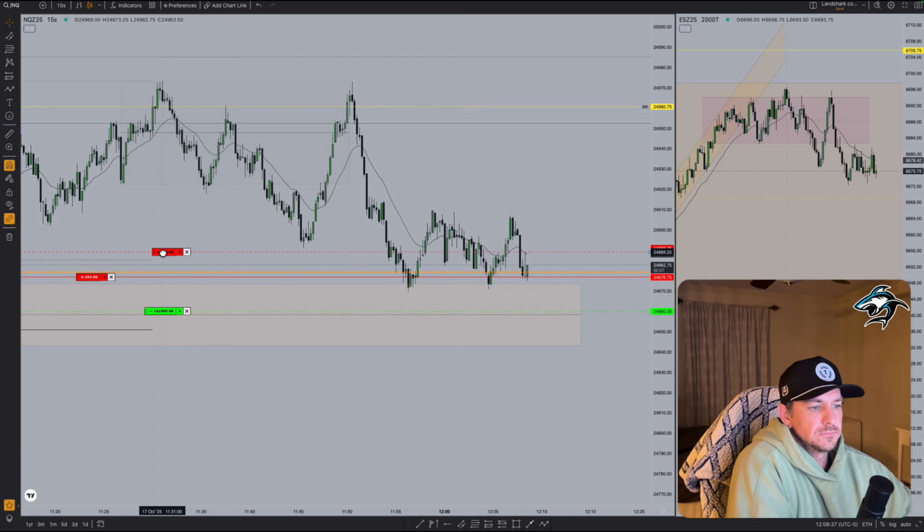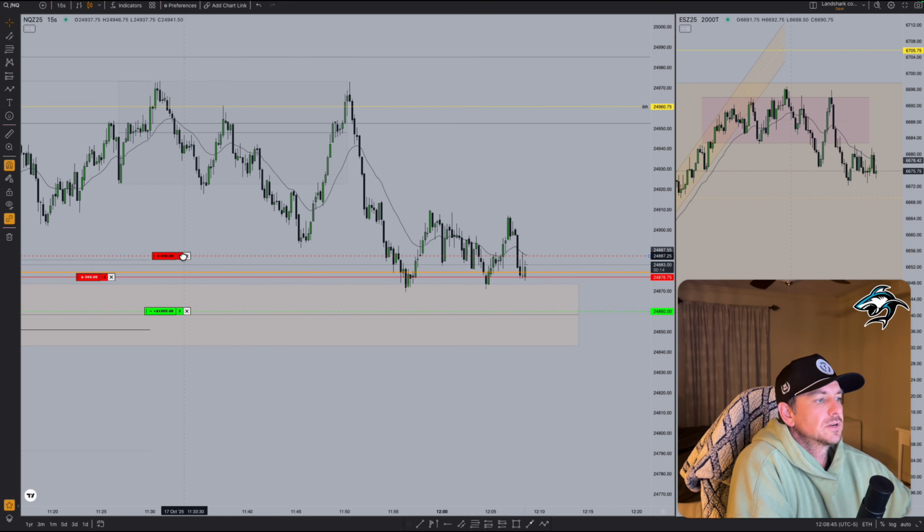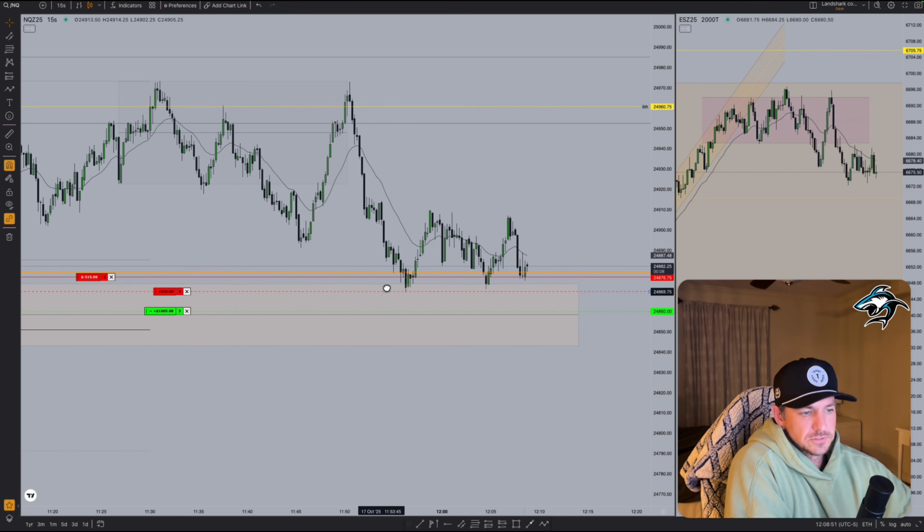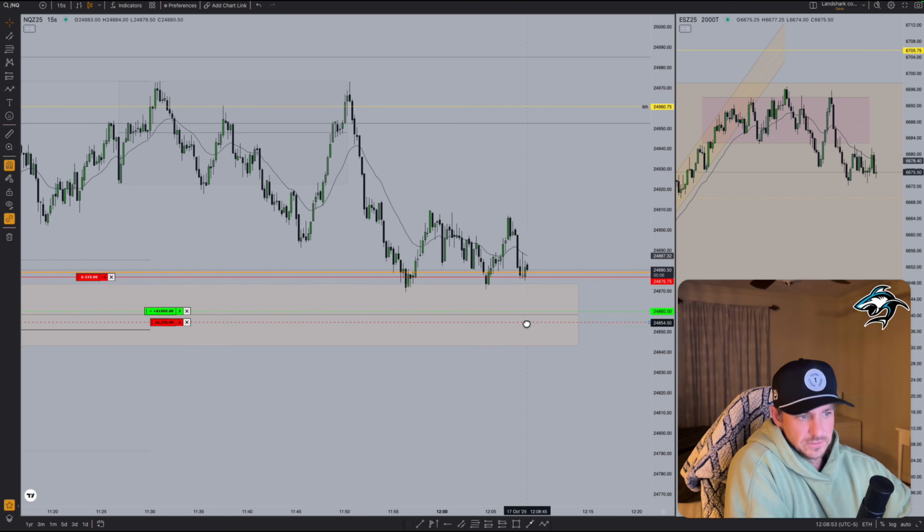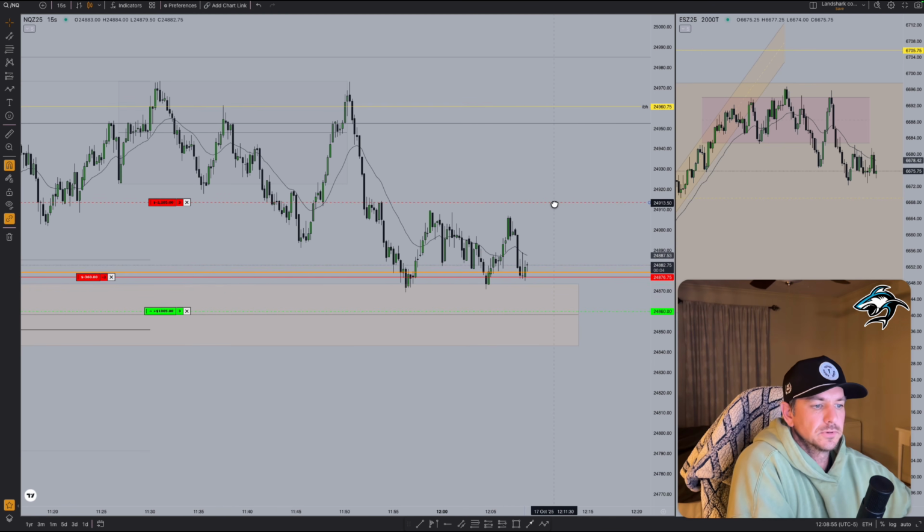Stop is going to be pretty close. Let's see, that's 700 and 600. Definitely don't want it to get too much higher than this. And we should see a quick flush. So I'm going to move my stop pretty quick.